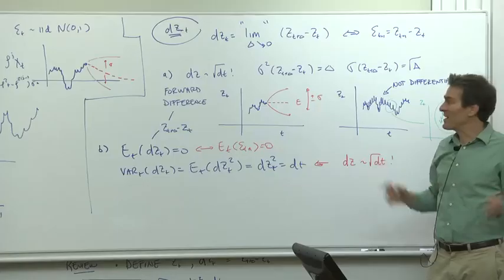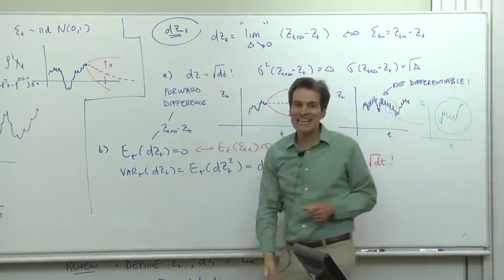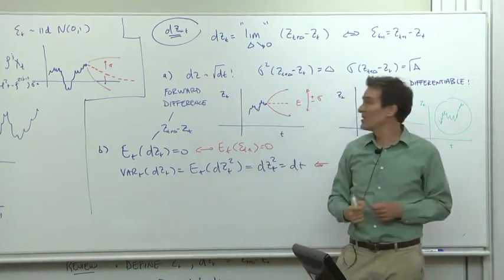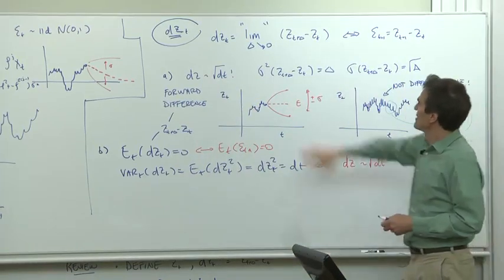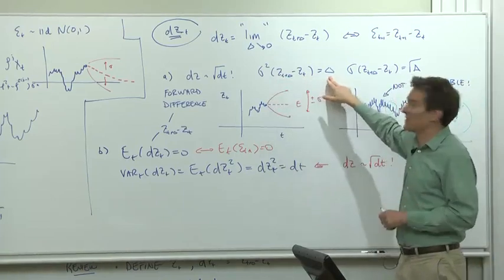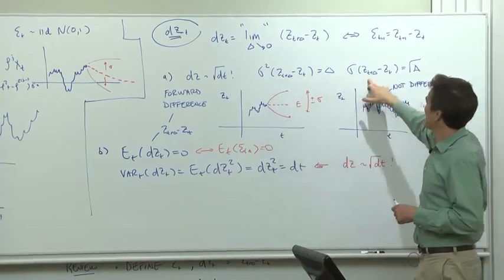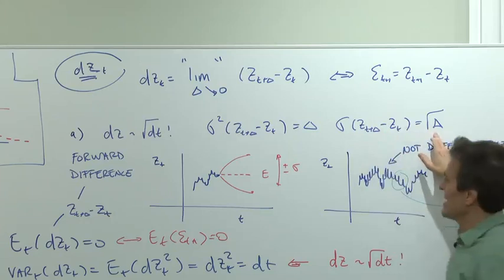Now that's all simple, but it has some remarkable properties. First of all, dz is of size square root of dt. What do you mean? Let's just look at it. The variance of zt plus delta minus zt is delta. That's how we defined it. Therefore, the standard deviation is square root of delta. And what does that mean?